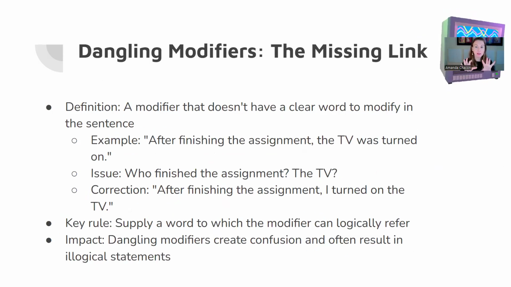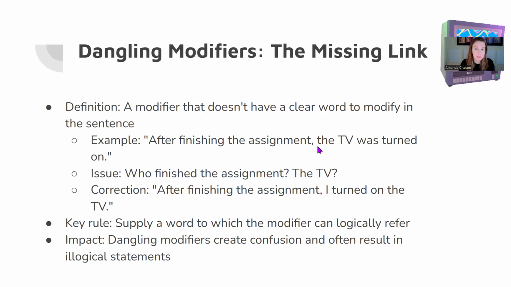Dangling modifiers are the ones that have like a missing link. They're not really clear on what they're trying to modify. So the example here is: after finishing the assignment, the TV was turned on. So look, again, this is the modifier, right? This is my information and it modifies the word right next to it. So it's modifying TV.